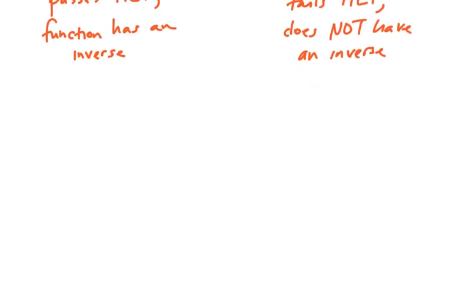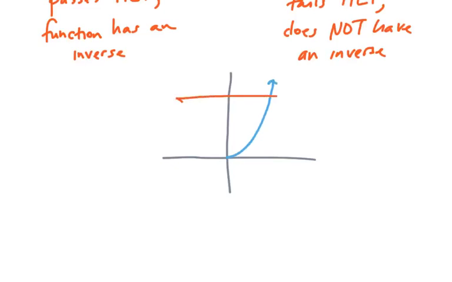But what if I take that same parabola, but only draw it on a restricted domain? So I only draw half of it. Now, if I run horizontal lines through, it passes. So there are ways to get around the horizontal line test by restricting the domain. We'll keep that in mind as we press forward.